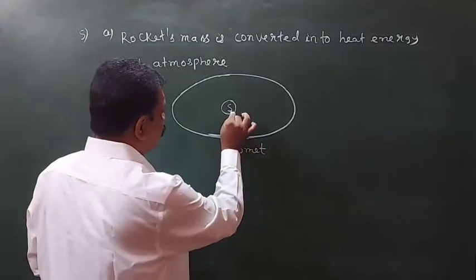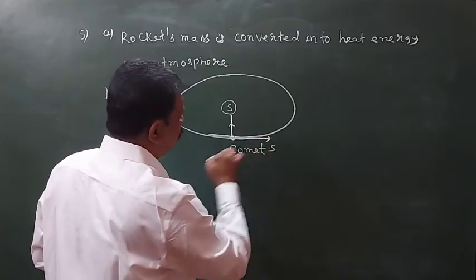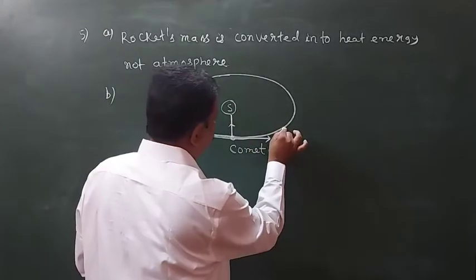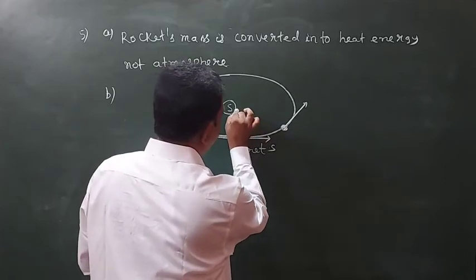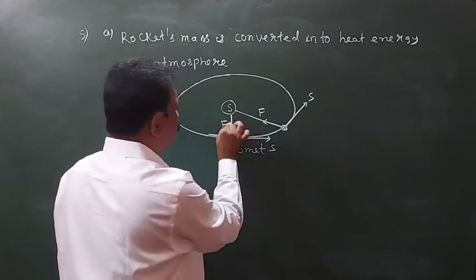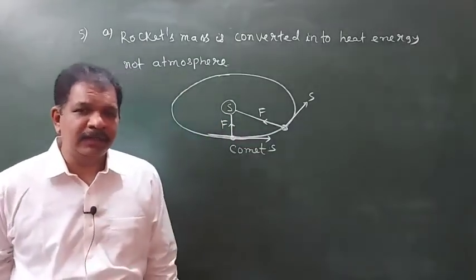Here the gravitational force will be like this, and here the displacement will be like this. For example, somewhere if you take displacement it will be like this, and force will be like this. The angle between force and displacement is not equal to 90 degrees.